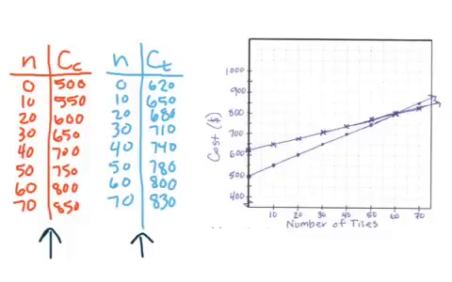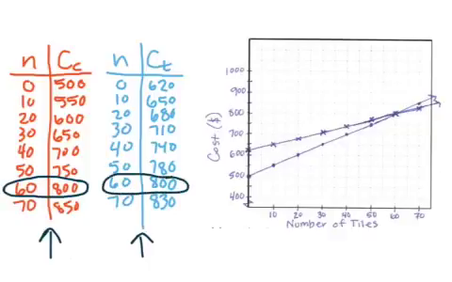And you can see that we see both going up at a steady cost, but we see right here at 60 tiles, Cover and Surround It costs $800, and at 60 tiles, so does Tile and Beyond. So we can see in our table when the number of tiles and the costs will be the exact same. And we can also see in our graph when they'll be the exact same as well.